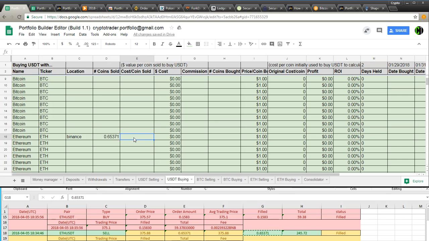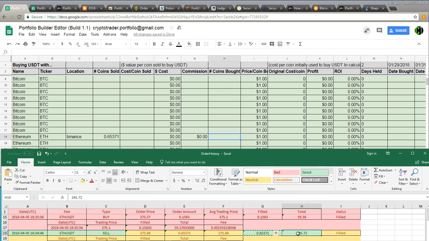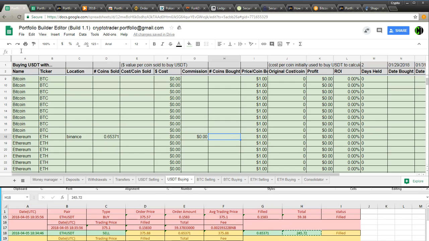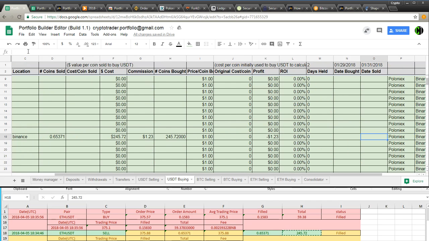The cost per coin sold will be automatically filled out for us. The commission, I can simply multiply this by the rate my exchange charges, the coins purchased, and then we come over to here, and the critical one right now is the date sold.